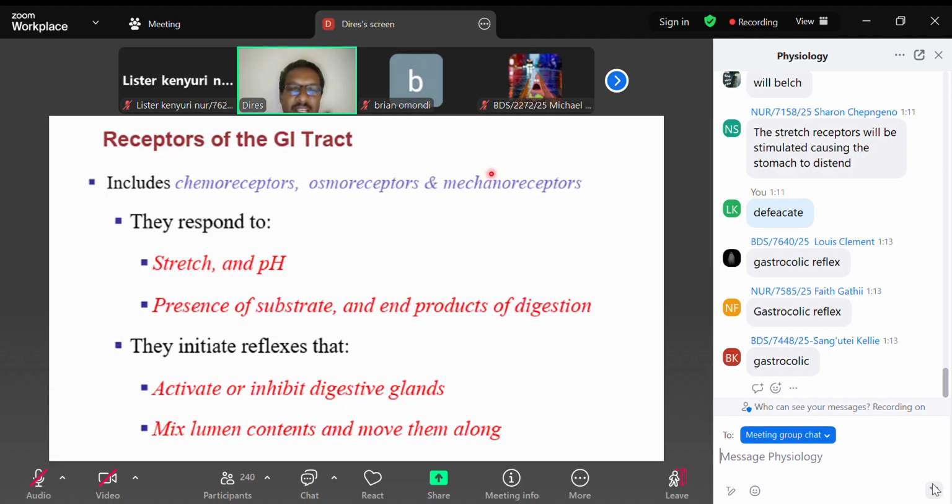That's why this reflex is called gastrocolic. Stomach distends, and then the colon contracts. Peristalsis leads to rectal distension and defecation. Very good.